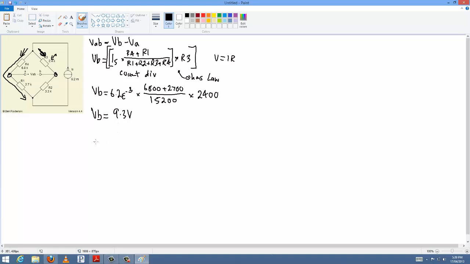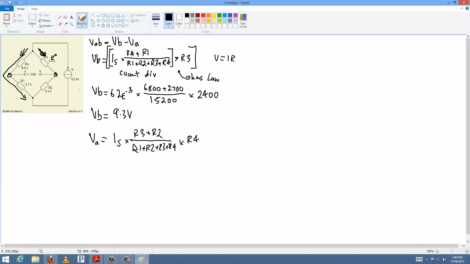Now VA is just the exact opposite of what we just did. VA equals IS times R3 plus R2 on R1 plus R2 plus R3 plus R4 times R4.